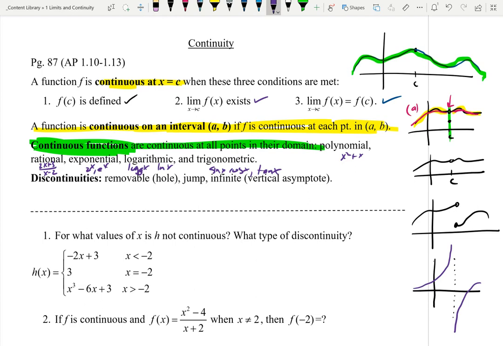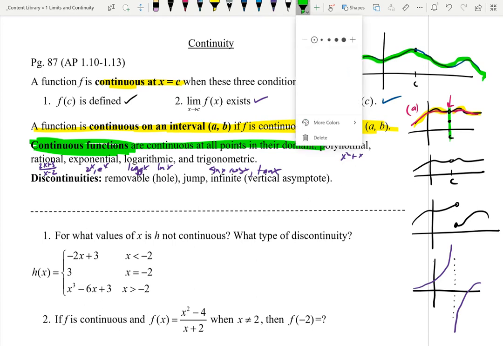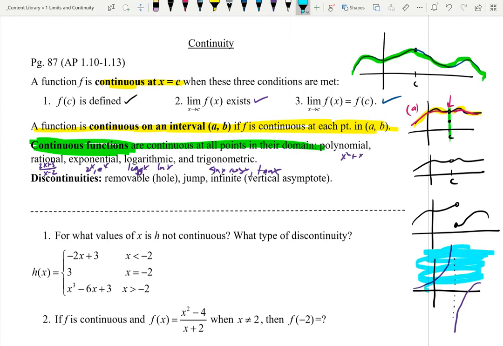So it is technically a continuous function, even though it has discontinuities. Just for a point of clarity here, this function down here has a discontinuity at what I'll call c, but it's still considered to be a continuous function because the point c is not in the domain of the function.